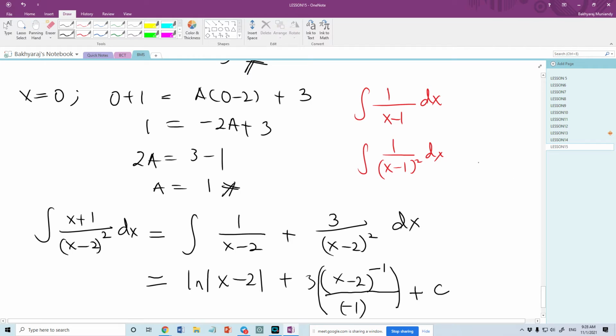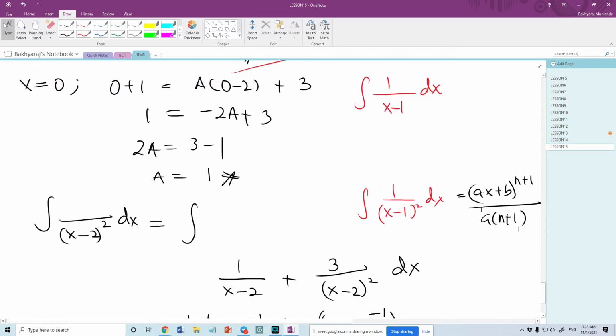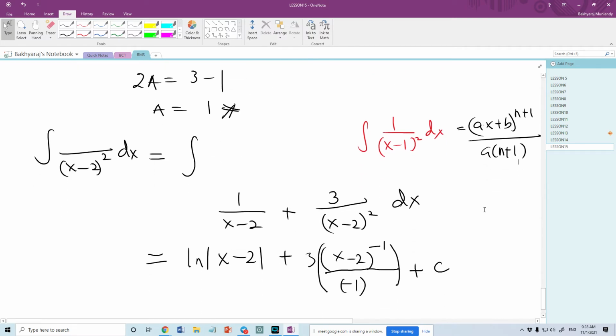Okay, patutnya formula ni ialah when it is this, you must use this formula. Nak apply formula ni, ax plus b power of n plus 1 divided by a n plus 1 plus c. This is the right formula to apply. Okay, luckily you already know the concept. Very good.